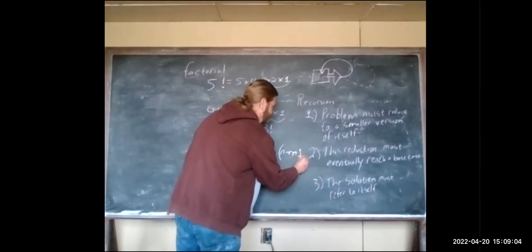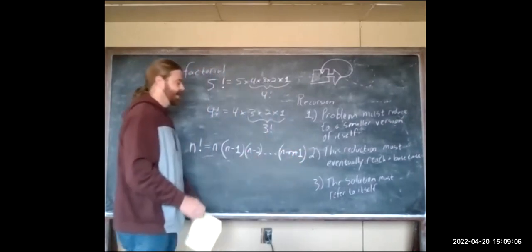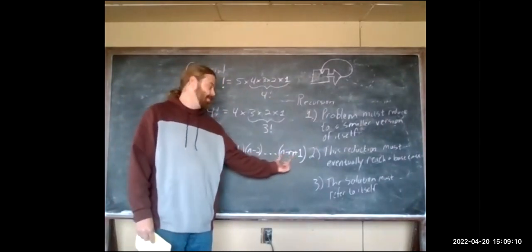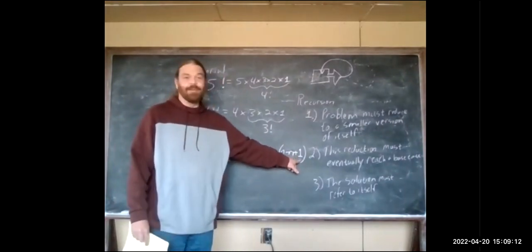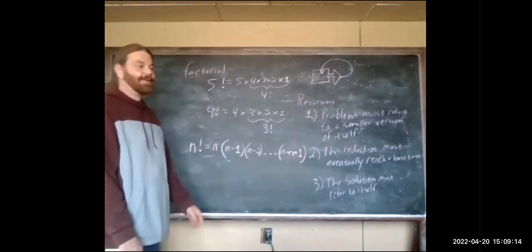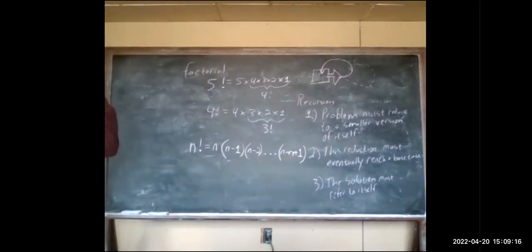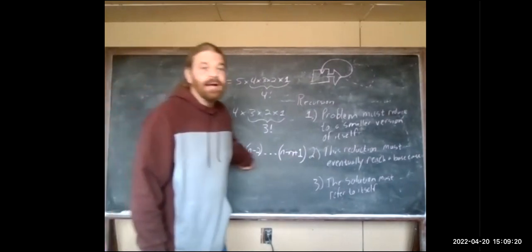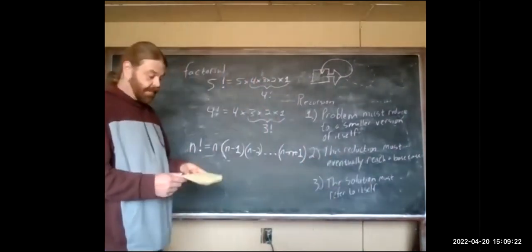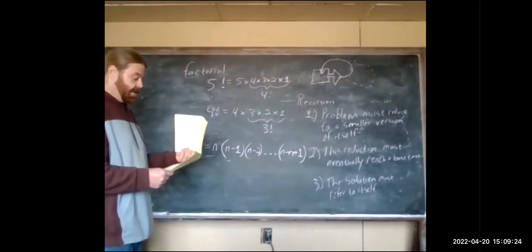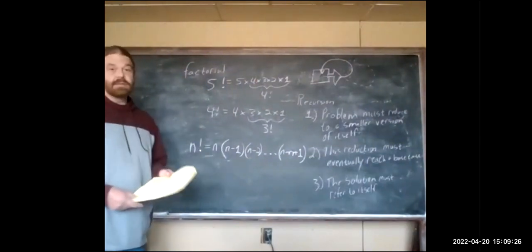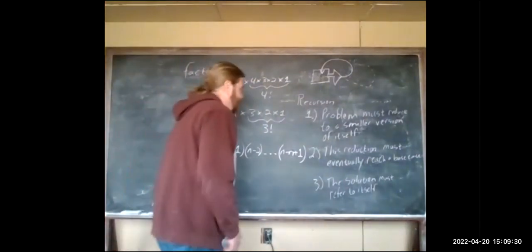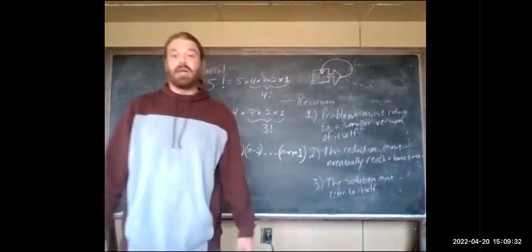We only need to go down to 1, so we do n minus n, which is a complicated way to write 0. We'll go all the way down to 0, but then we want to stop at 1. We don't want to take that last step. So n factorial is the number we're looking at times every number smaller than that. And it is a perfect thing to look at recursion because it very nicely fits these criteria. Not all of our problems do.